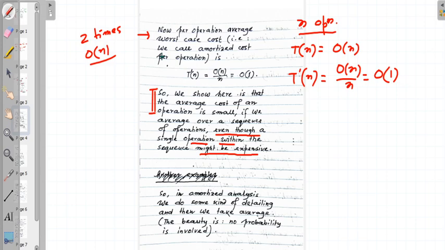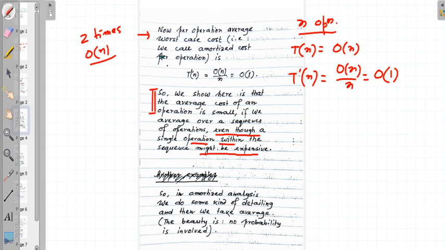This could be thought of as a mobile credit. Whenever you recharge the mobile phone, you put a huge amount of credit there, and then for all the calls you make afterwards, you don't have to recharge again.